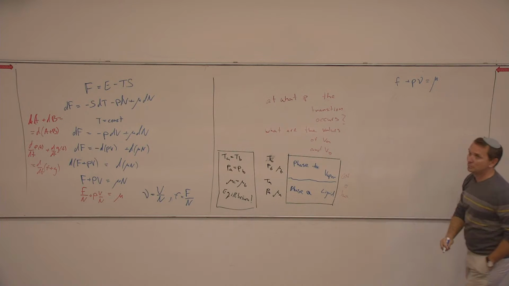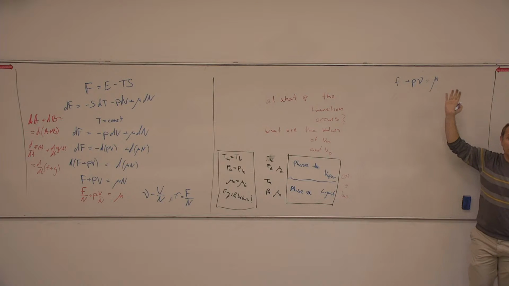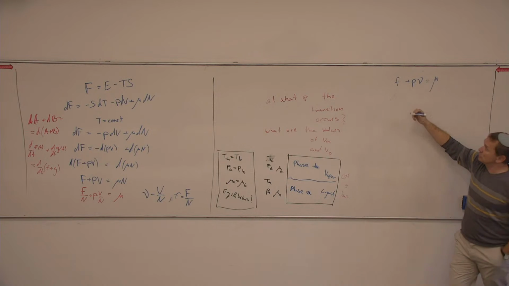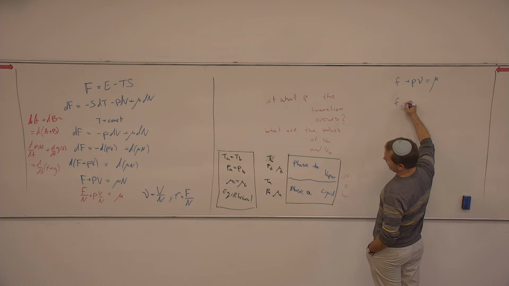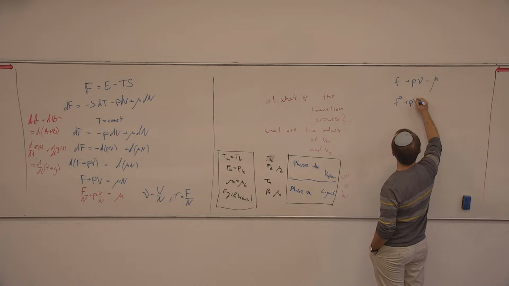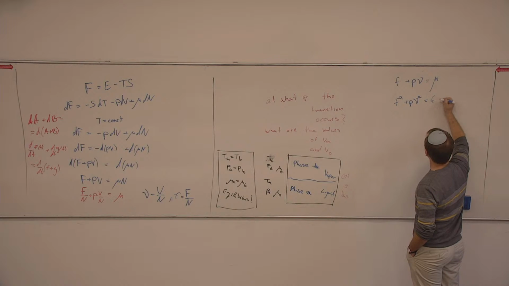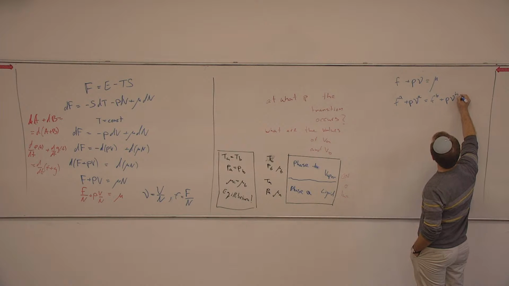Now, it holds on the left hand side and on the right hand side of the transition. So I basically can say that fA plus P nuA equals fB plus P nuB.